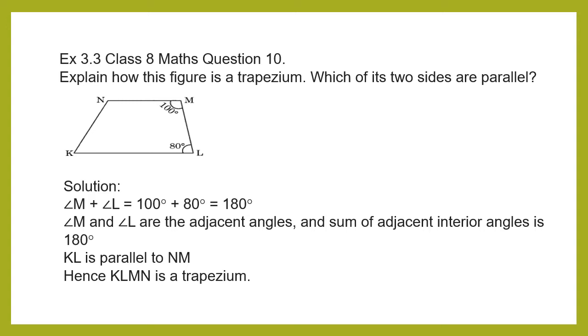How to solve this? Let us take the measure of angle L plus the measure of angle M. Children, the measure of angle M plus the measure of angle L is equal to 100 degrees plus 80 degrees, so we get the sum as 180 degrees. Children, angle M and angle L are adjacent angles.